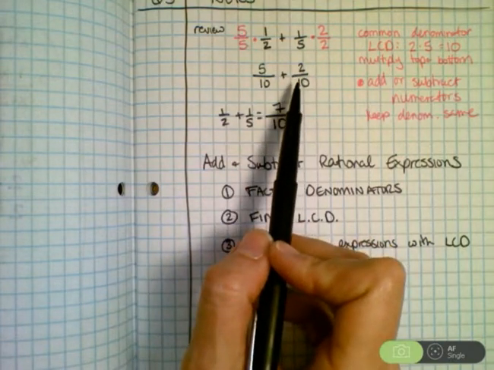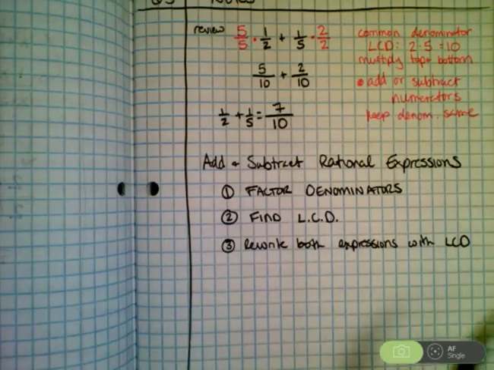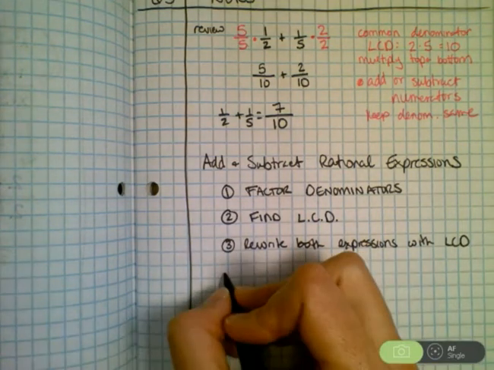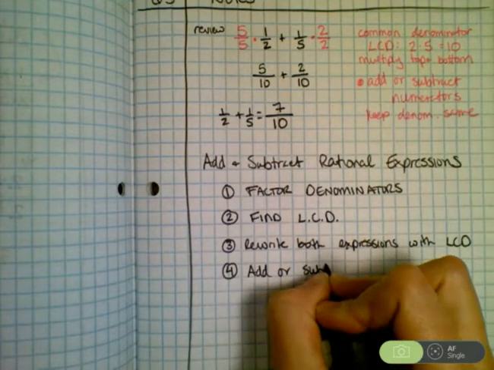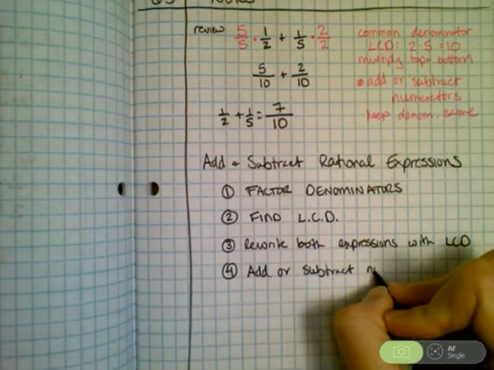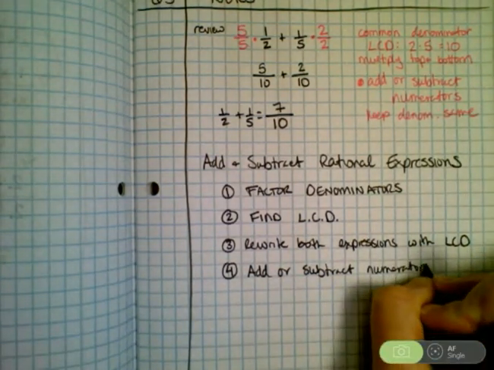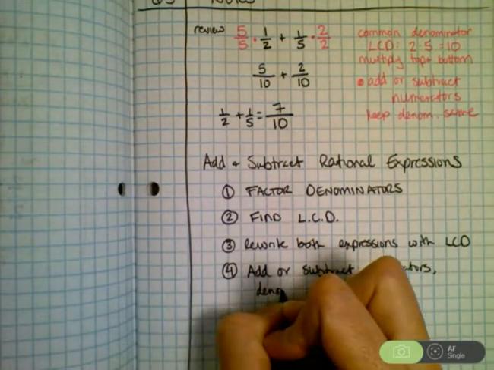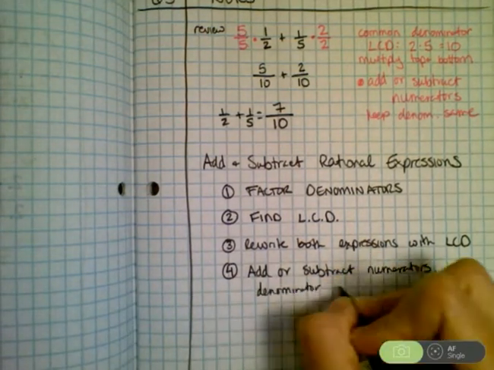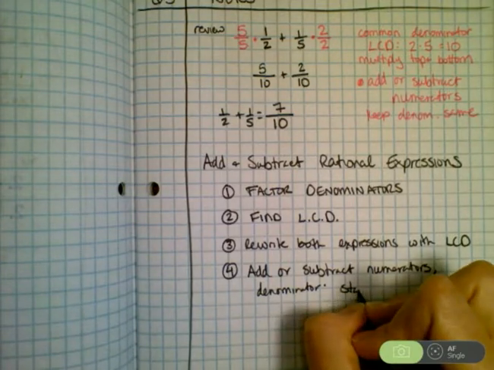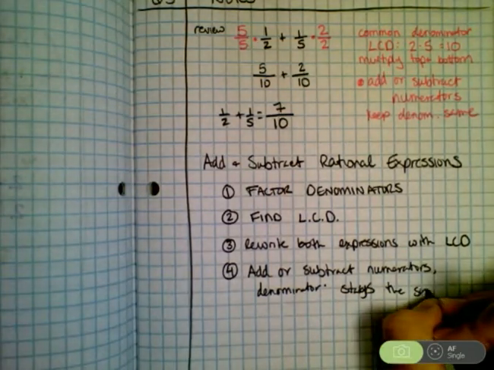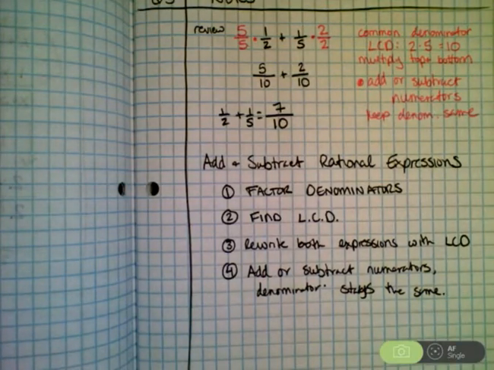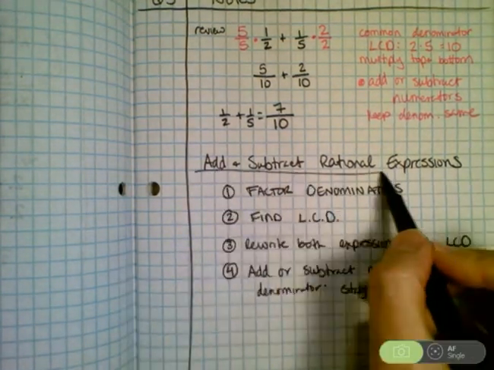We're keeping everything equivalent because we're multiplying by 1, and then we get a common denominator, and then we add or subtract our numerators, and the denominators stay the same. Okay, so those are the steps when we add and subtract rational expressions.